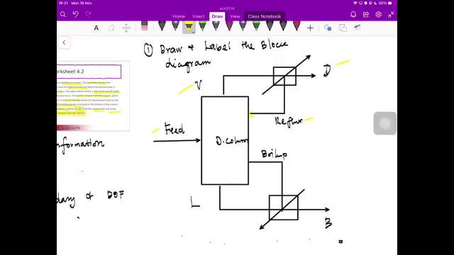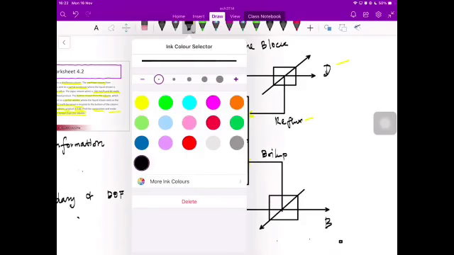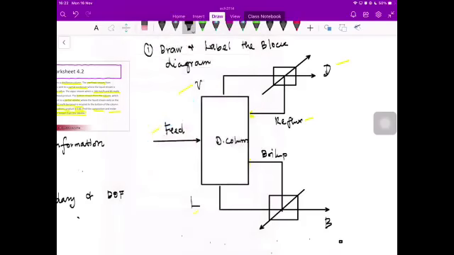Down at the bottom of the column, we have the liquid phase that is then sent into a reboiler. Part of it is sent into the reboiler as a boil-up, which goes back into the column, and some is collected as the bottom product.